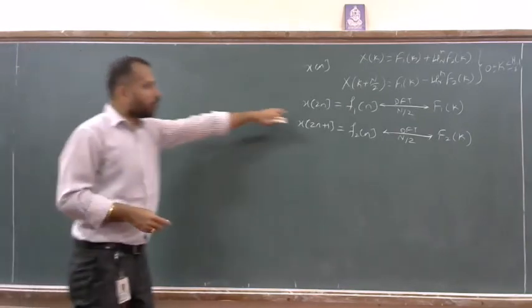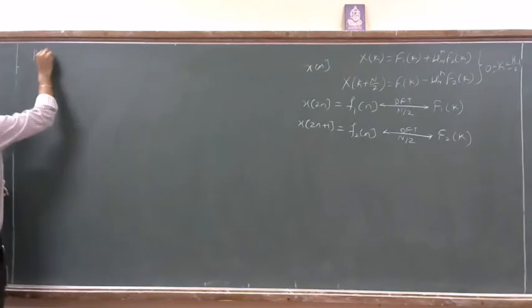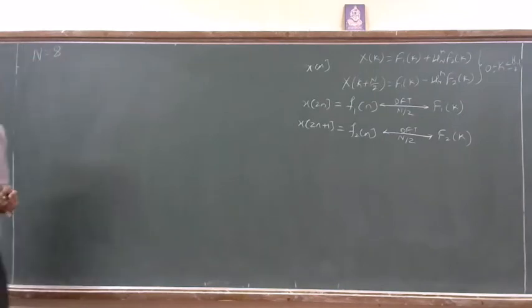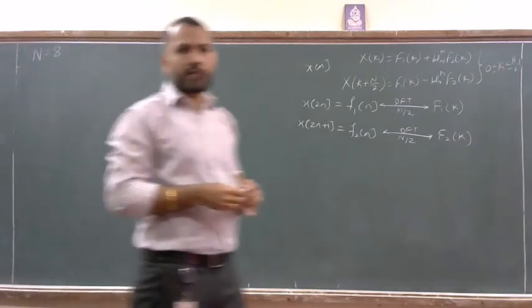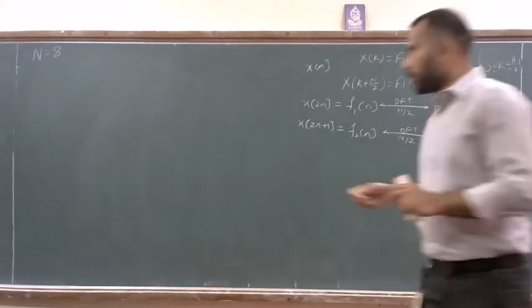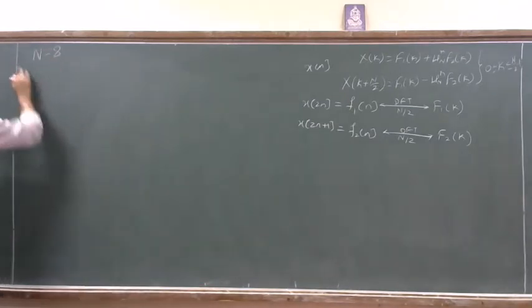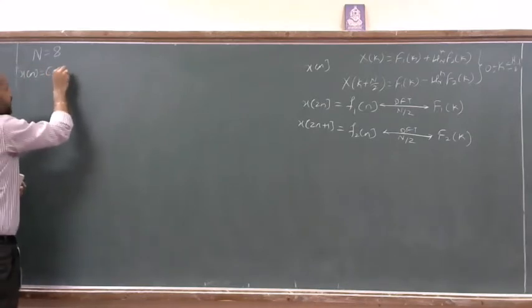Okay, but before we continue any further, let us consider a specific example. Let us develop this decimation in time fast Fourier transform for a specific value of capital N, and let's consider capital N equal to 8. If capital N is equal to 8, the discrete time sequence x of n will have 8 samples, x of 0, which is the first sample.